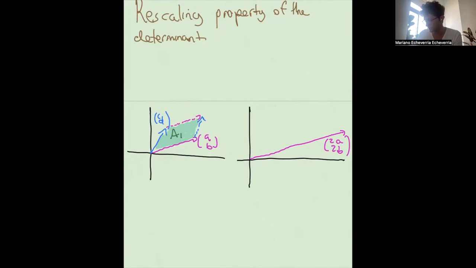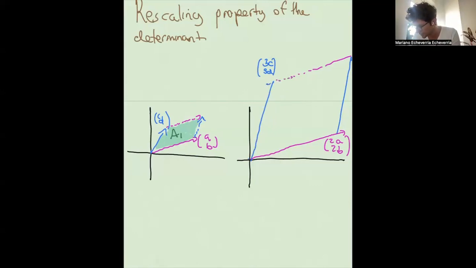So now it looks like 3C, 3D. Okay, and now you have a new parallelogram here, right? Maybe I can just tilt it a little bit, make it more parallel looking. Okay, now it looks a little bit better.